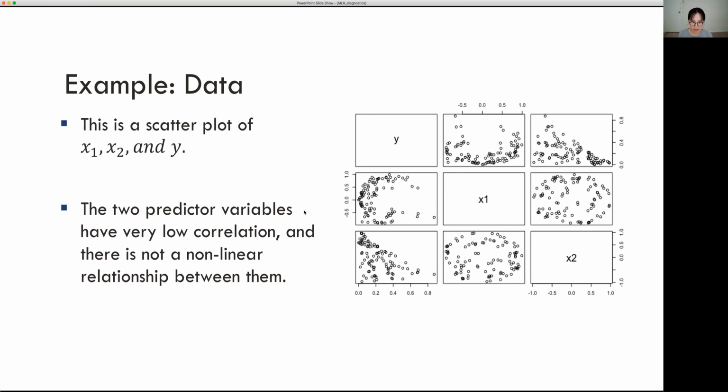The two predictor variables have low correlation, so there's no correlation for these two variables, and there is not a non-linear relationship between them. So there's no linear or non-linear relationship between x1 and x2.